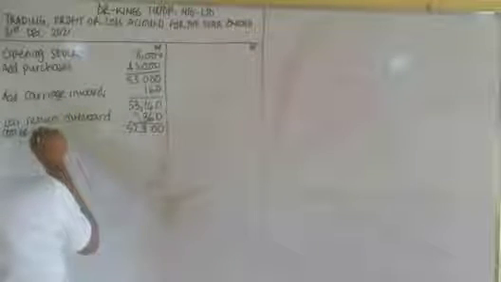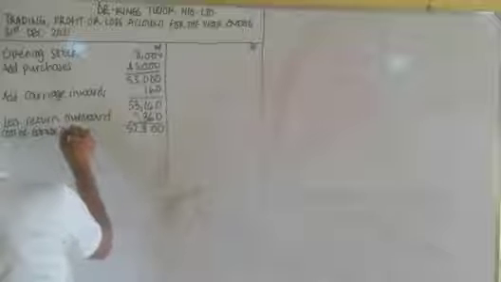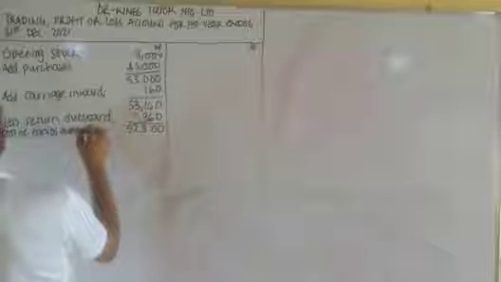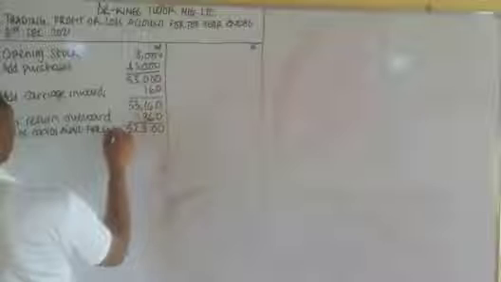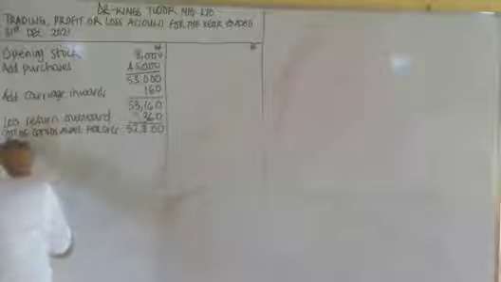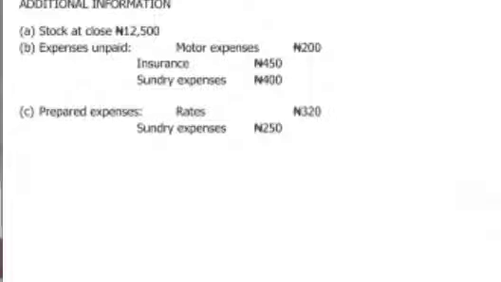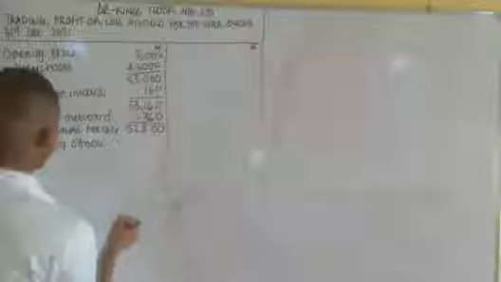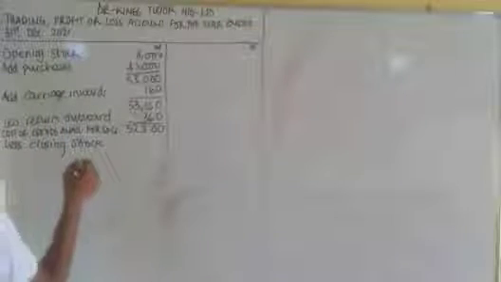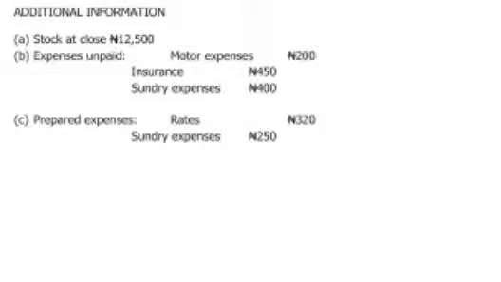Okay? So that becomes our cost of goods available for sale. The next thing is to less our closing stock. So when we less closing stock, the closing stock is the one in the additional information. Okay?